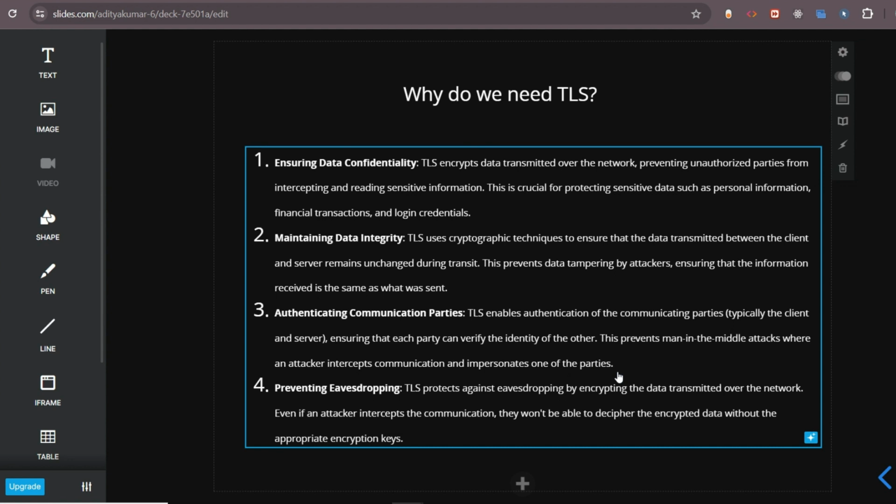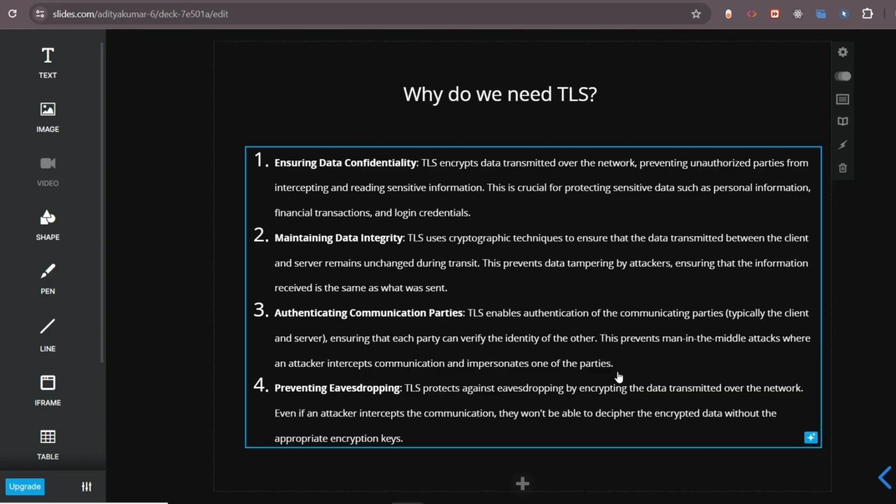So TLS prevents this man in the middle attack by verifying that these two parties are the same ones as they claim to be. For example, Ram and Lucky are sending messages to each other. TLS will ensure that Ram is exactly the same person as he claims, and Lucky is the same person as he claims.